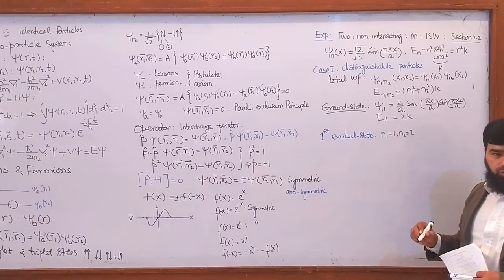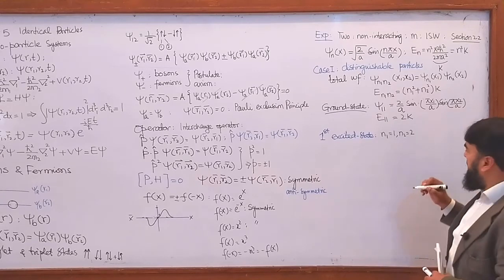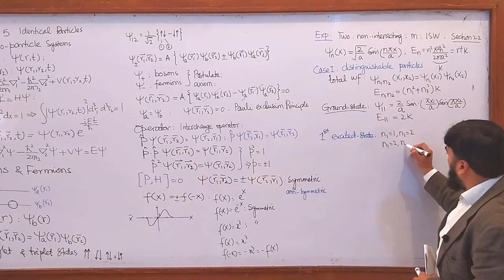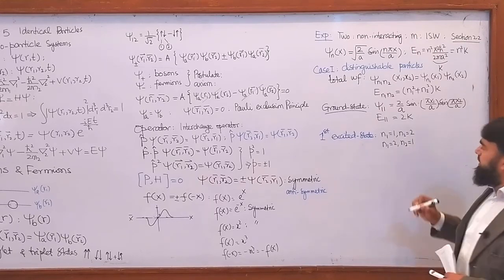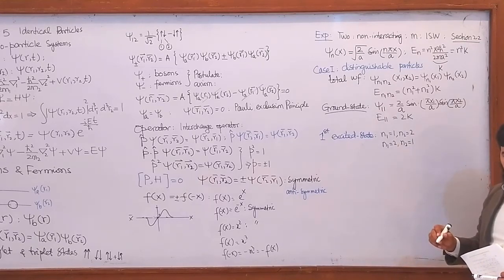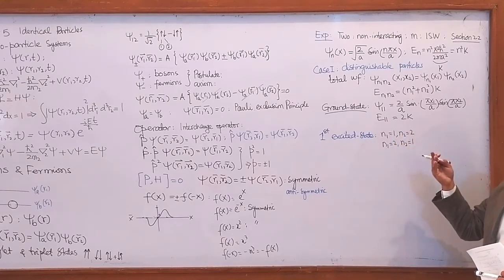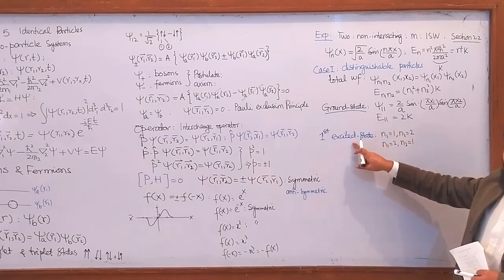I will have the first excited state. It is also possible that n1 is 2 and n2 is 1. This is also the first excited state. Any of the particles can go to the next level and our configuration will become excited.